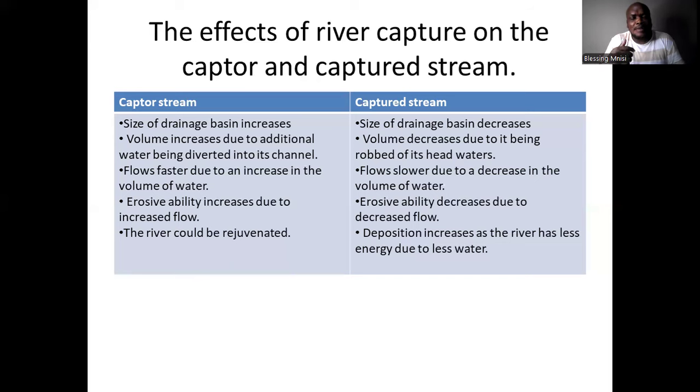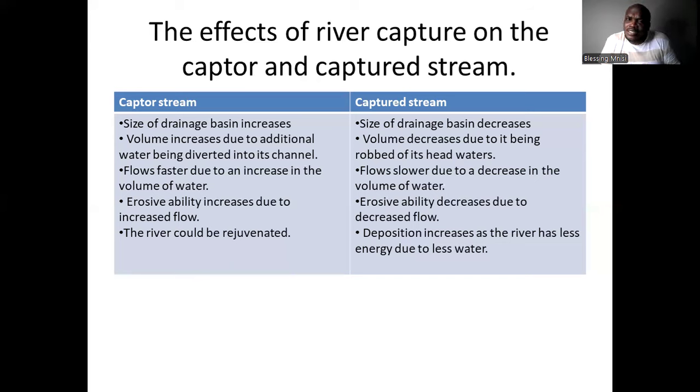You see, because it has been robbed of its headwaters, the volume decreases. So the size of its drainage basin also decreases.